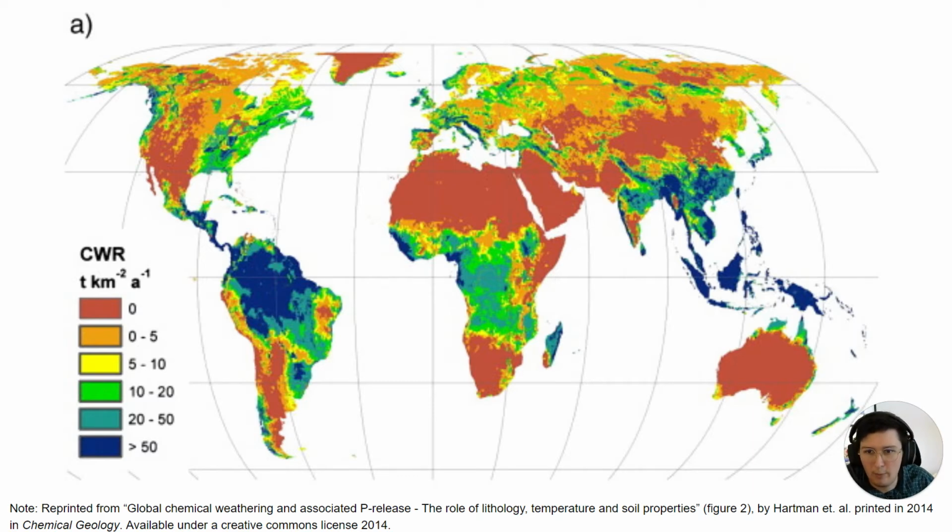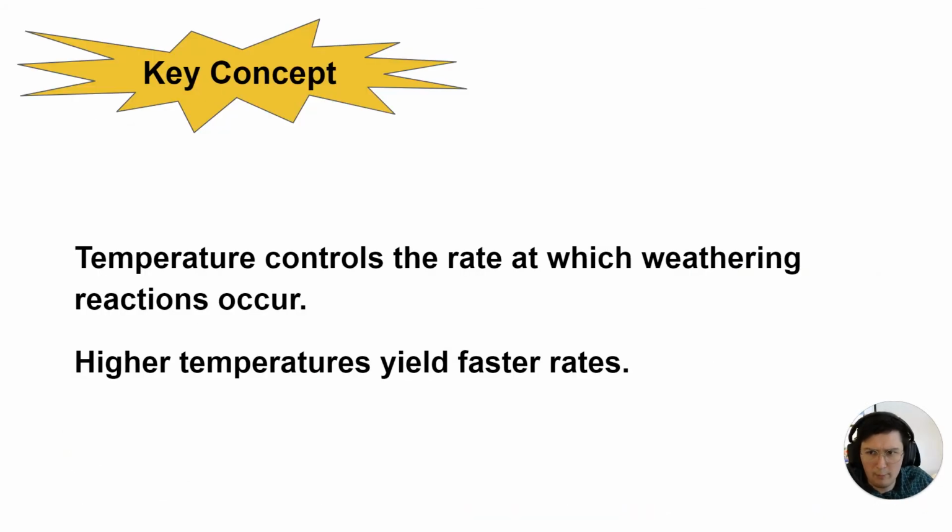Very dry places like Australia and deserts like in southwestern United States have very low weathering rates. But just below the equator, where temperatures are high and there is water, that's where we've got our highest weathering rates. Put very simply, temperature controls the rate at which weathering reactions occur, and higher temperatures are going to yield faster rates.